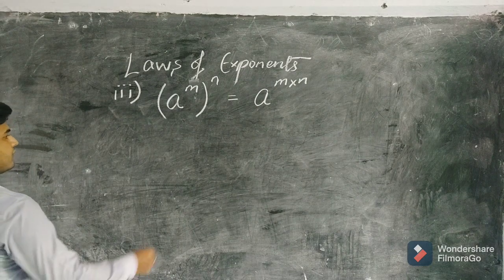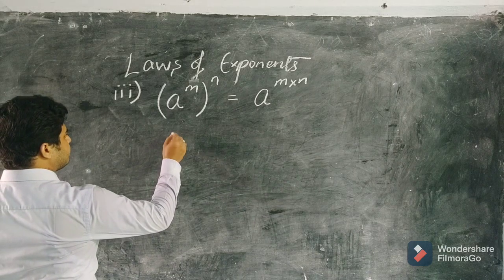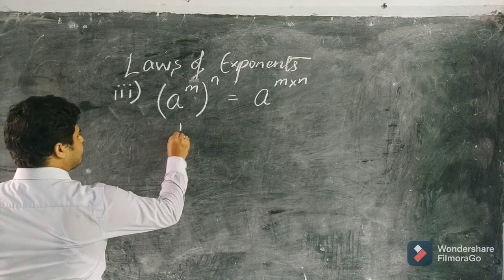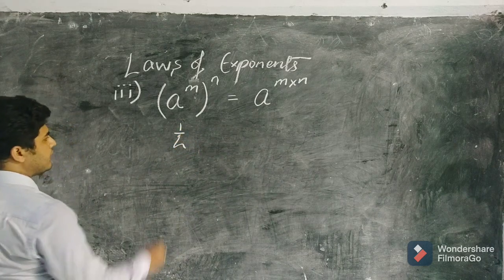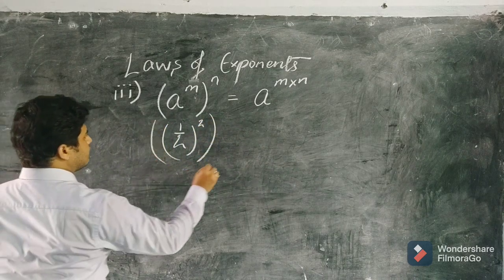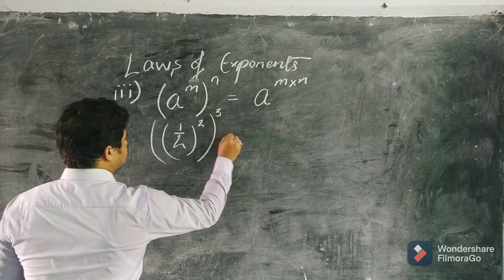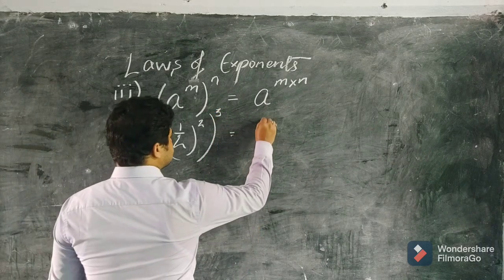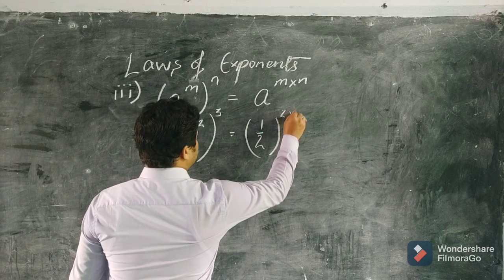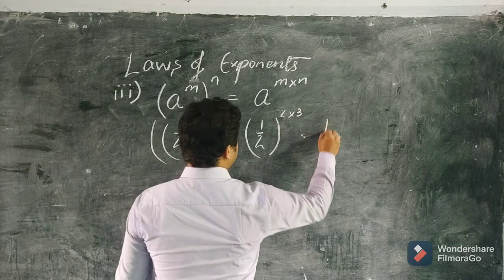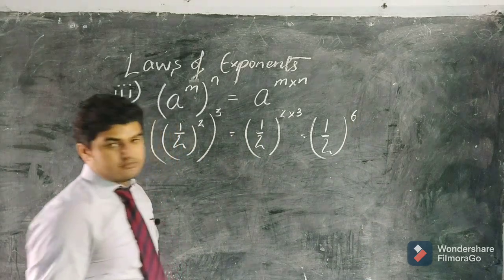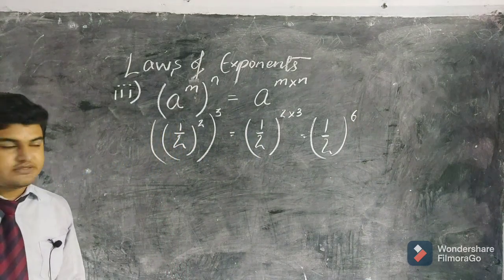Like for example, let us take a fraction. If you are having 1 by 2 raised to the power 2, raised to the power 3, it can be written as 1 by 2 raised to the power 2 multiplied by 3, that is 1 by 2 raised to the power 6.